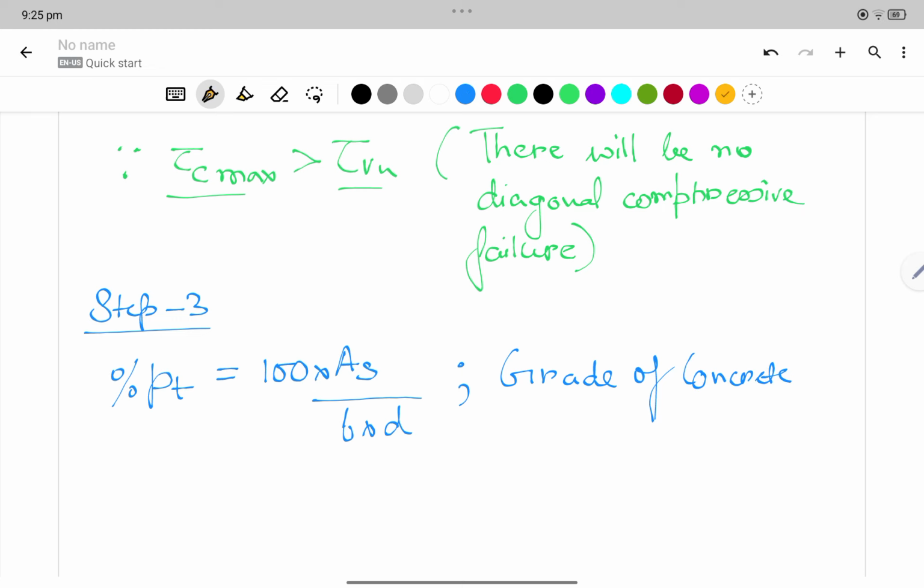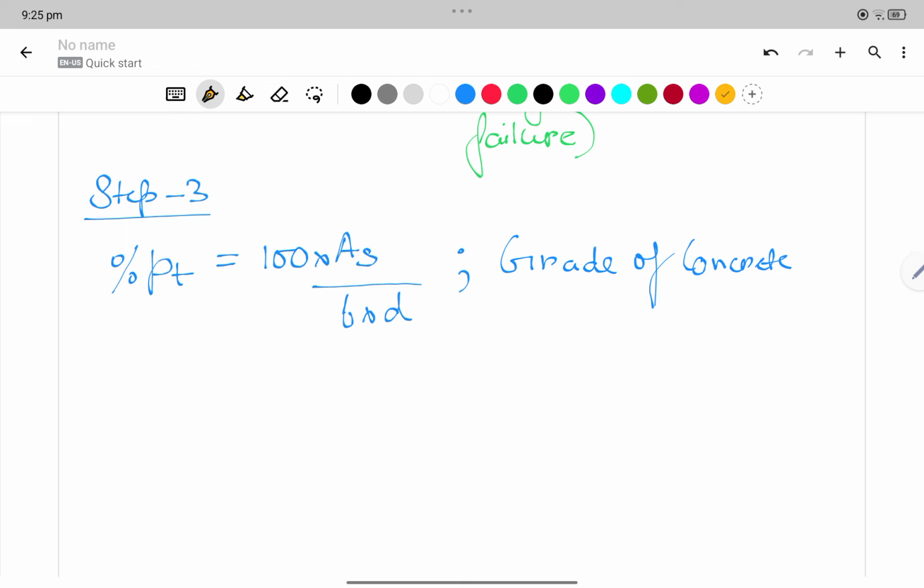By these two things, we will calculate the design shear strength of concrete, that is tau c. Okay, so everything is in Newton per mm square.